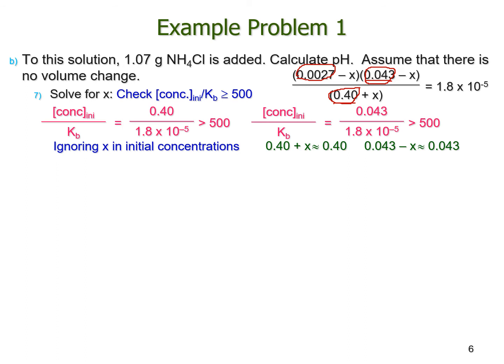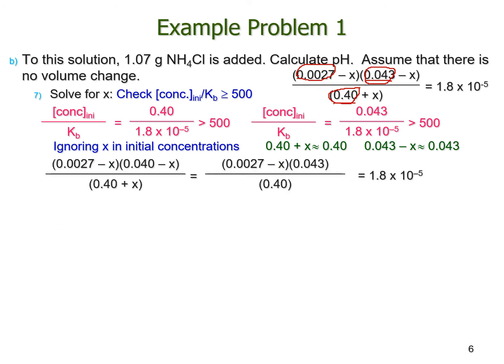We can take x off from 0.40 plus x, and we can take x off from 0.043 minus x. That dramatically makes this calculation easier, because we take away two x's, so that's a linear equation as you may see it. And carrying out the calculation, we found x is equal to 0.00253 molar.